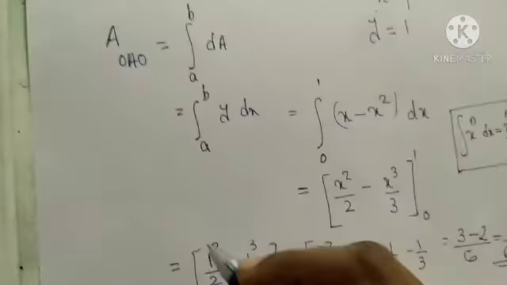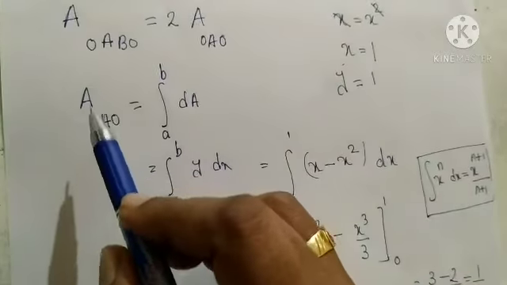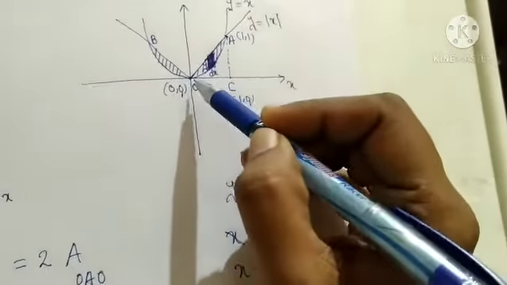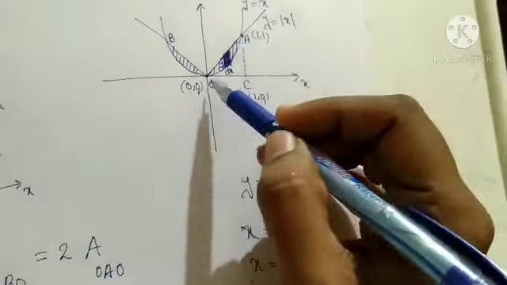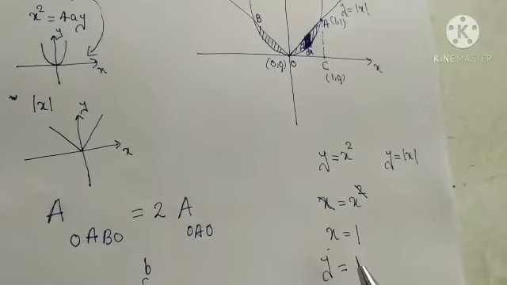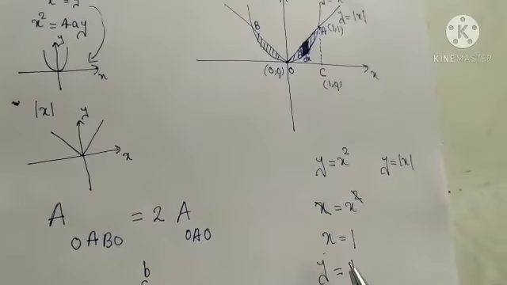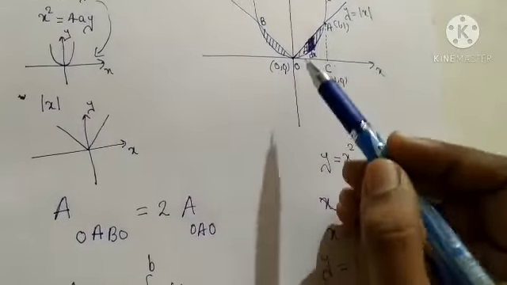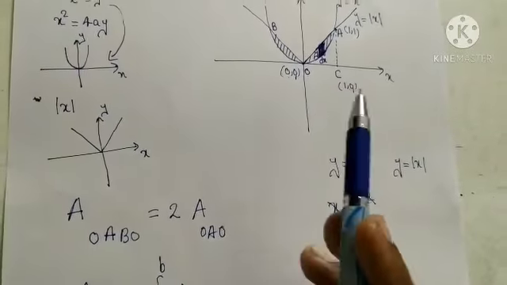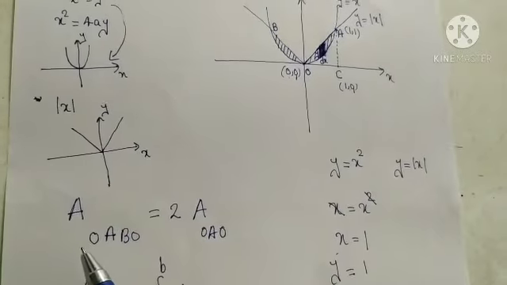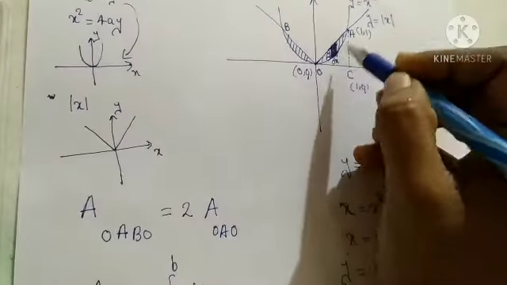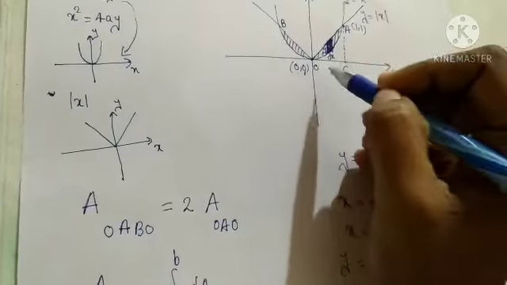So this is our answer for the area OAB, that is this shaded portion. We need the area of both shaded portions, right? If we multiply the area of OAB by 2, we will get our final answer for the area OABO, that means the area of the whole shaded region.